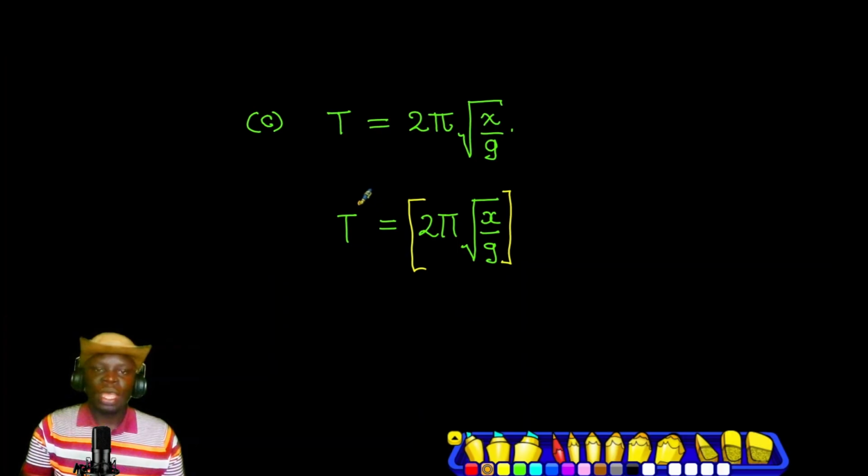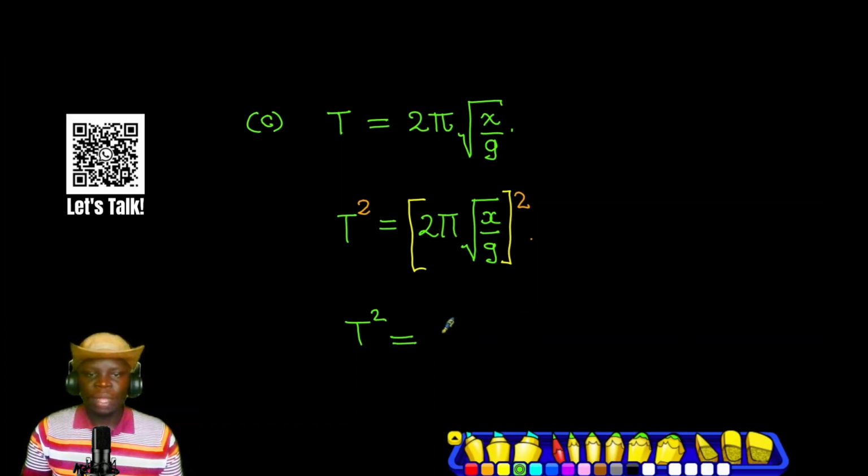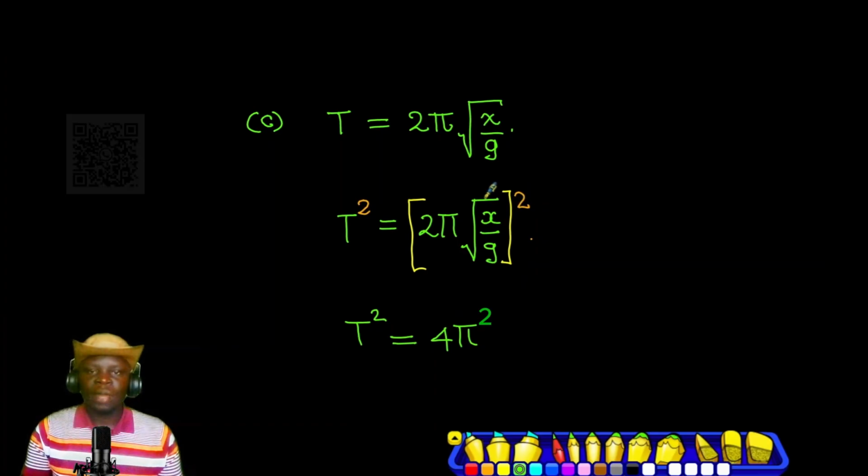Now we're going to square this side and also square this side. So doing that, the square of course will remain like that. So we have equals, so squaring this term we have 4 pi, and this square removes the square root, therefore we have here the term x over g.